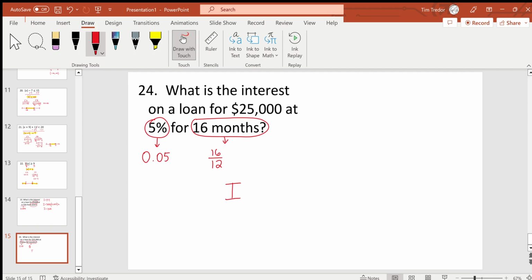So interest is going to equal 25,000 times our rate, 0.05, times our year, which is 16 divided by 12.